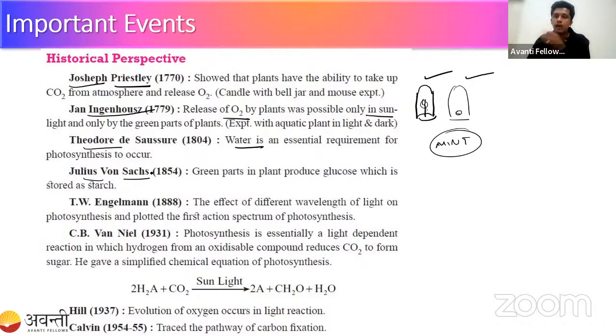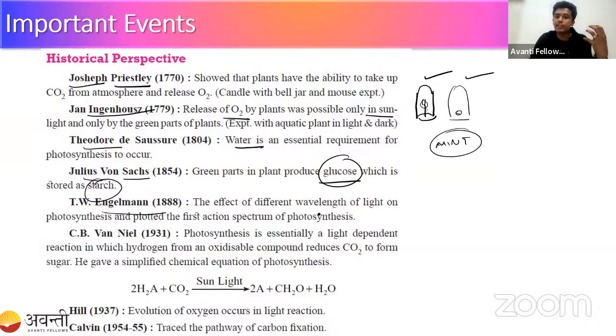So he says that plants produce glucose, and he doesn't stop there. He says that plants also have a mechanism like us where they store this glucose in the form of starch.